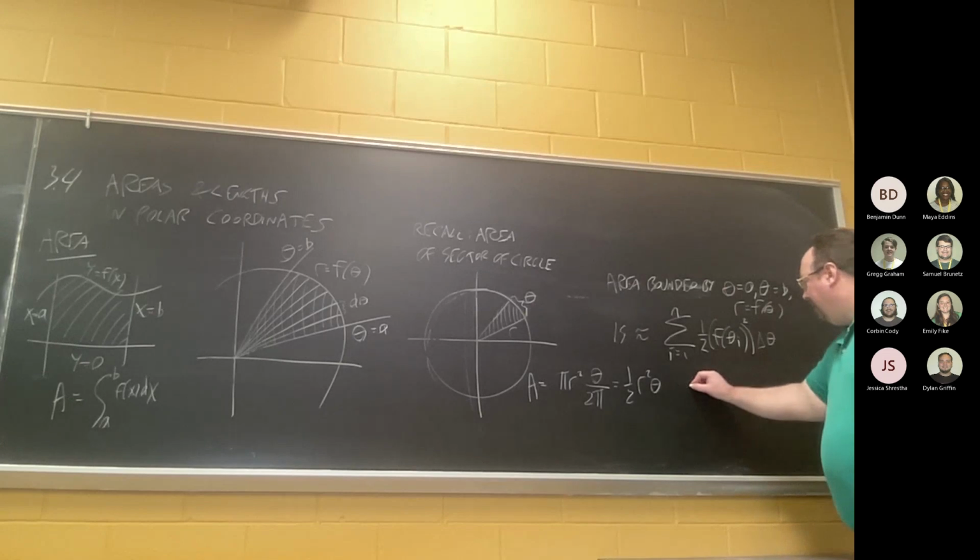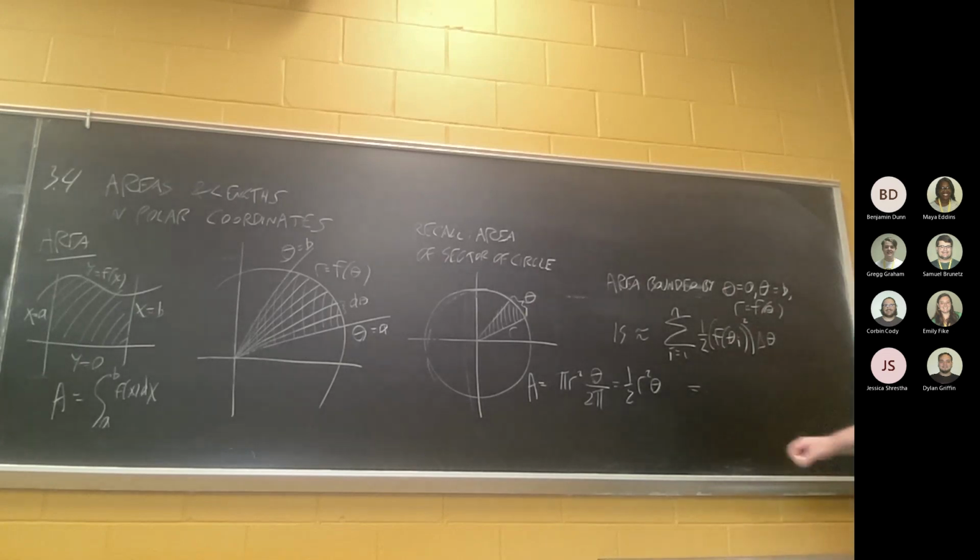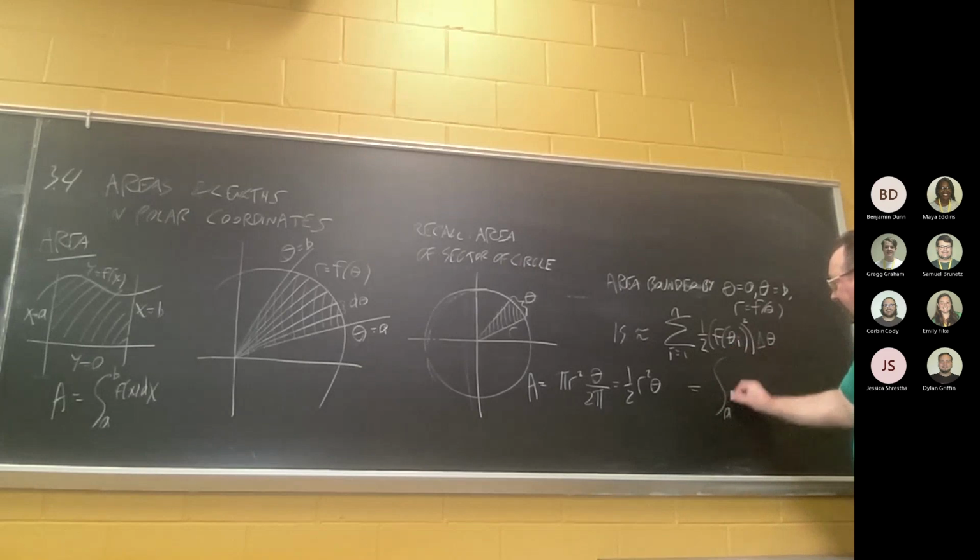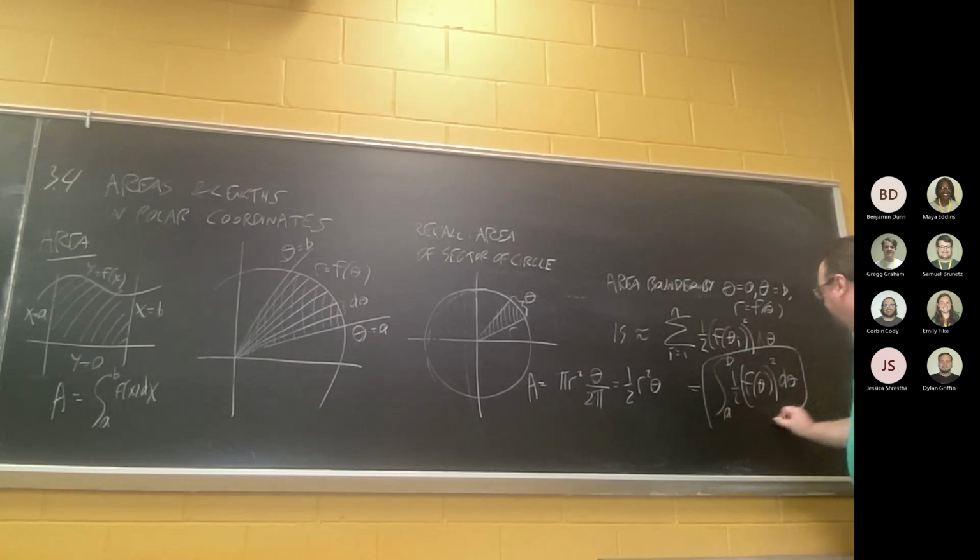So the exact area is going to be the integral of 1/2 f of theta squared d theta. So this is a formula used for area defined by a polar curve, for this kind of region between theta equals a, theta equals b, and r equals f of theta.